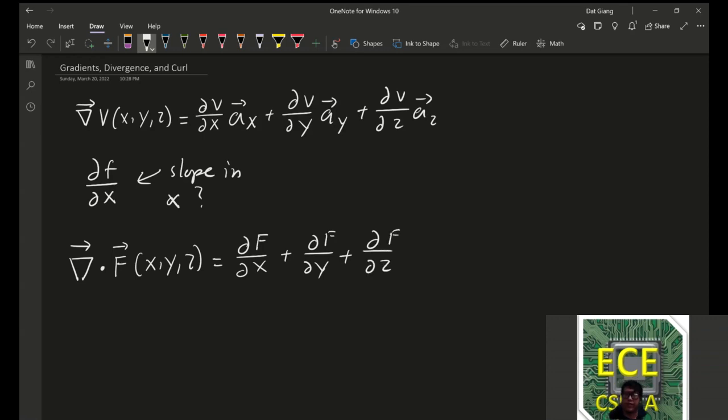What this is essentially telling us is that if this divergence was for whatever reason greater than zero, then it's actually sourcing outwards.